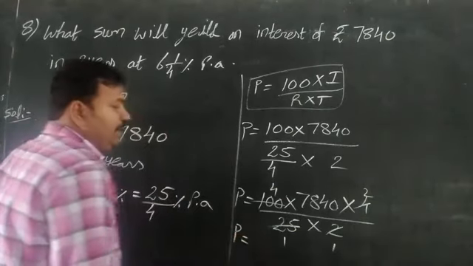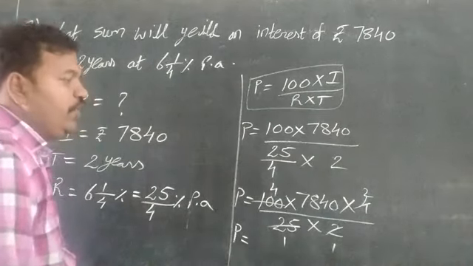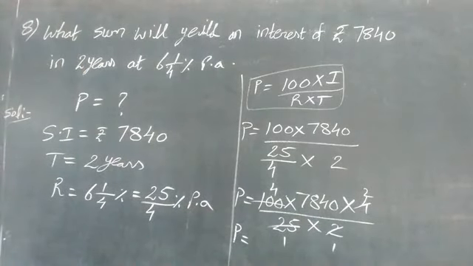P is equal to 7840 into 8, that is 784 into 8. 8 fours are 32. 8 eights are 64, plus 3 is 67. 8 sevens are 56, plus 6 is 62.